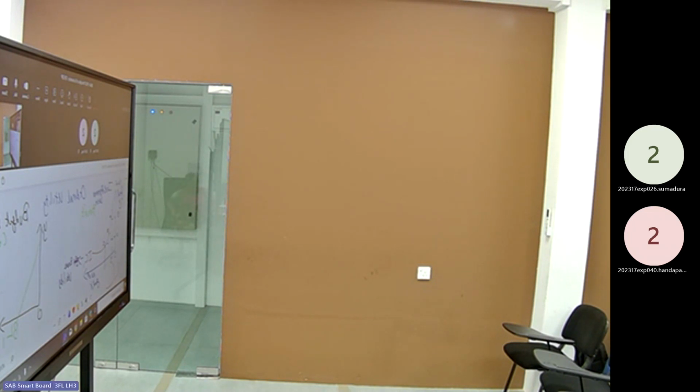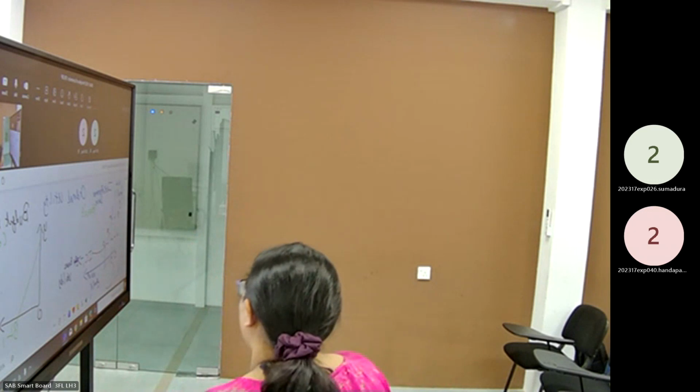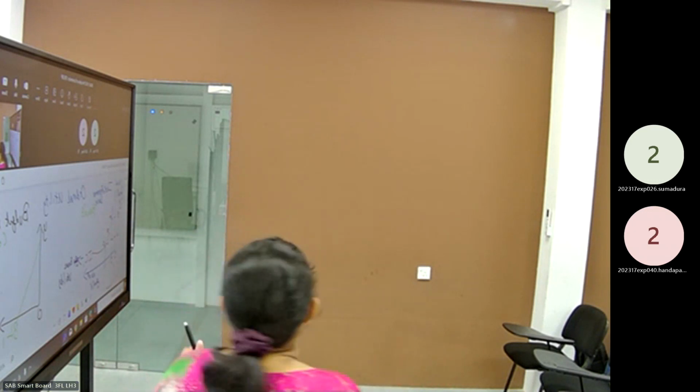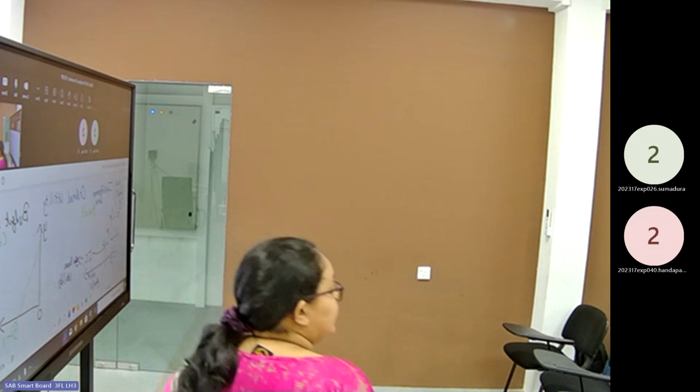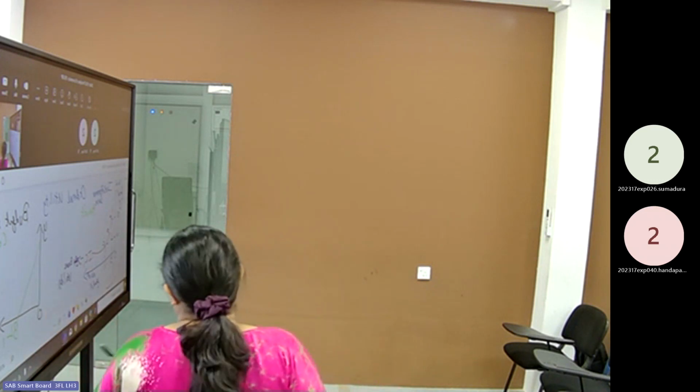Okay. Now, you all have this. This is the benefit side that shows satisfaction. This is the budget constraint side.